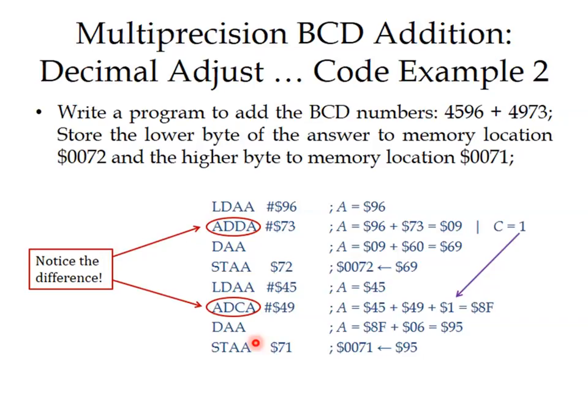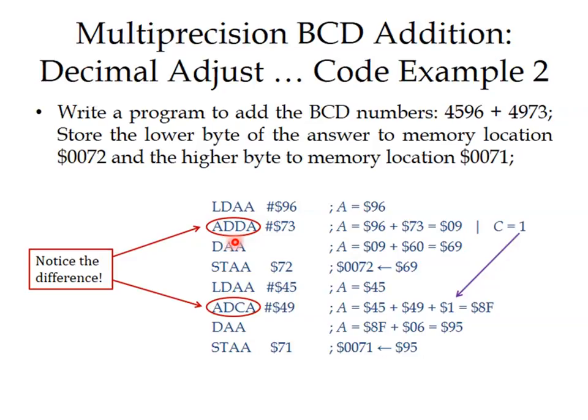When we added the lower byte, we used the instruction ADDA. But when we added the higher byte, we actually used ADCA. Do you remember why? Because when we add the lower byte, you might have a carry. We talked about this at the beginning, multi-precision addition.